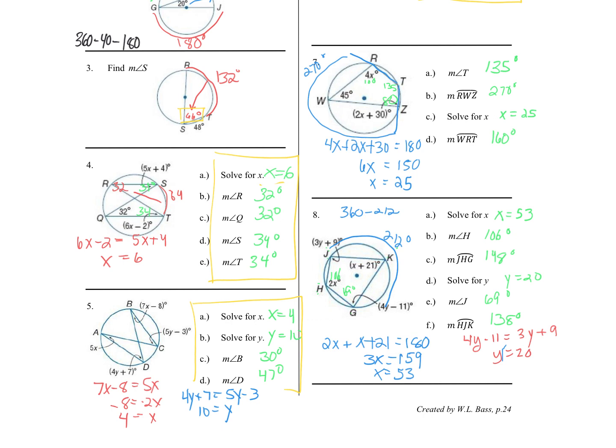All right, looking at number 5, I'm going to set the 7x minus 8 equal to the 5x and create this equation, and that is going to give us that x is equal to 4.